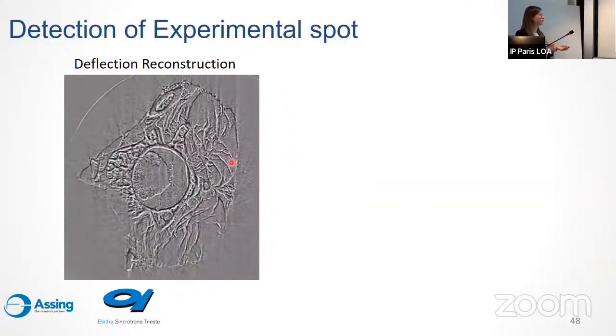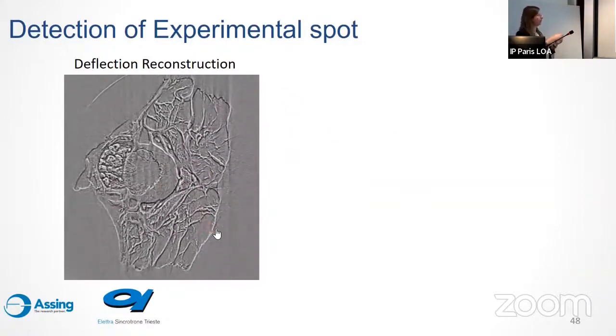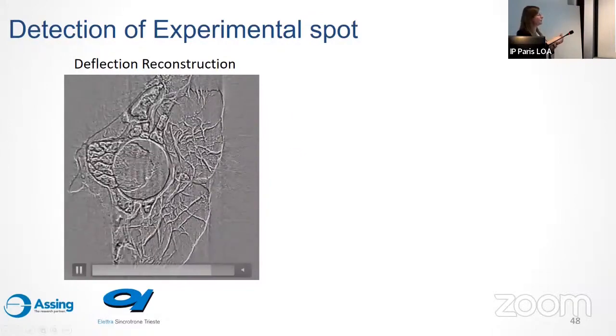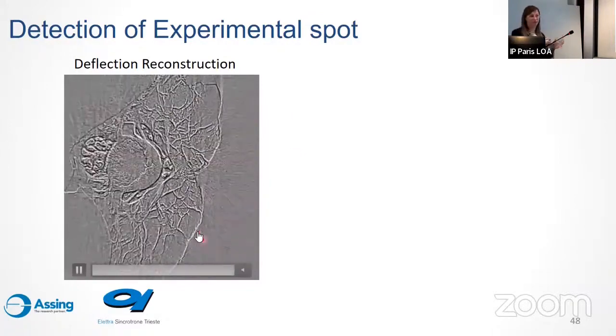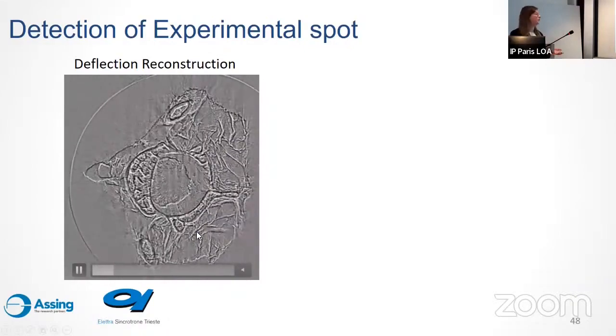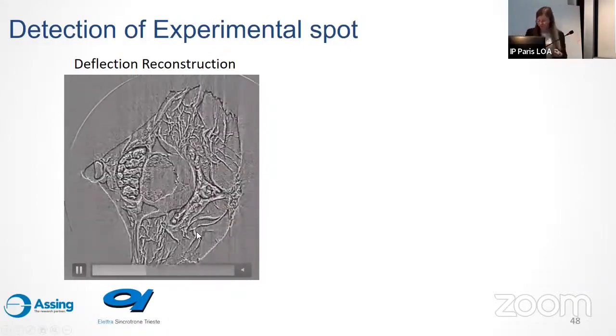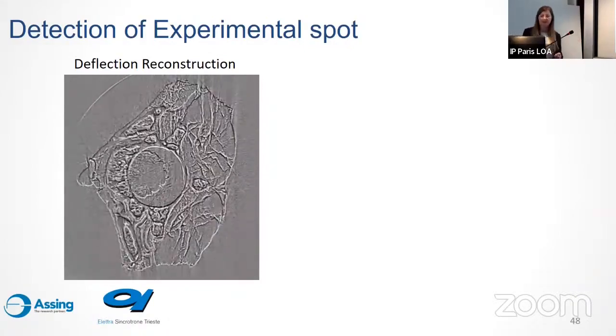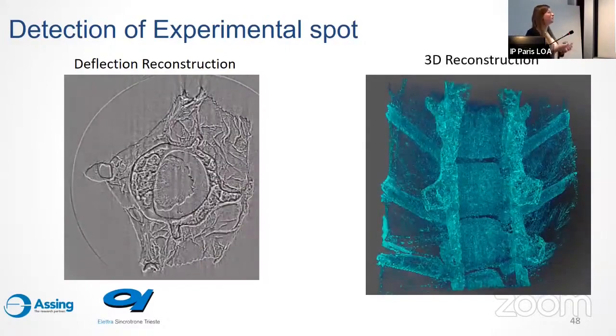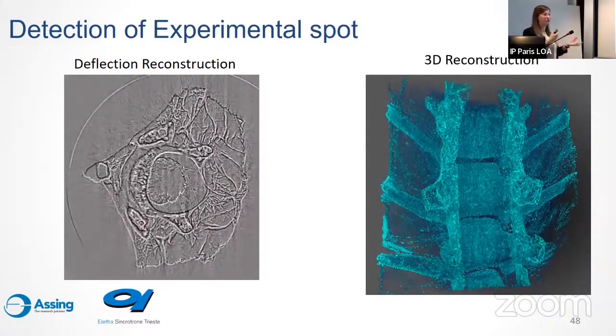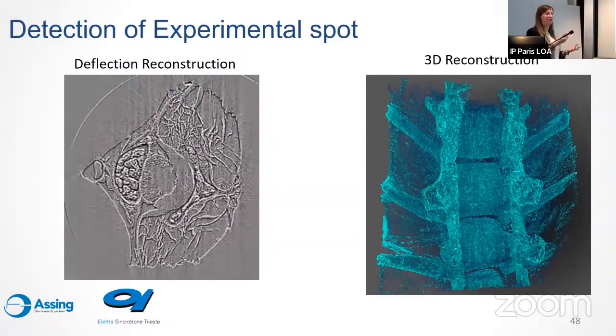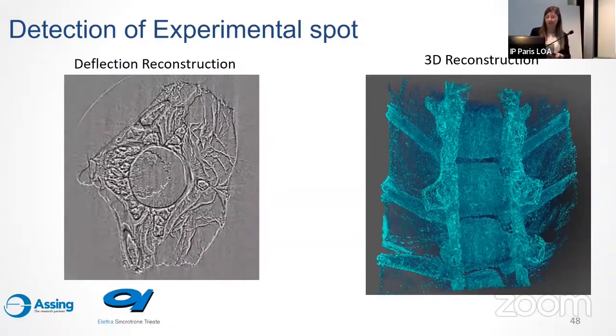This is soft tissue, and all the small lines that you can see are the vascularization inside the spinal cord. So we were very happy about these results, and thanks to tomography, we were also able to reconstruct in 3D and to see complementary images of the same sample.